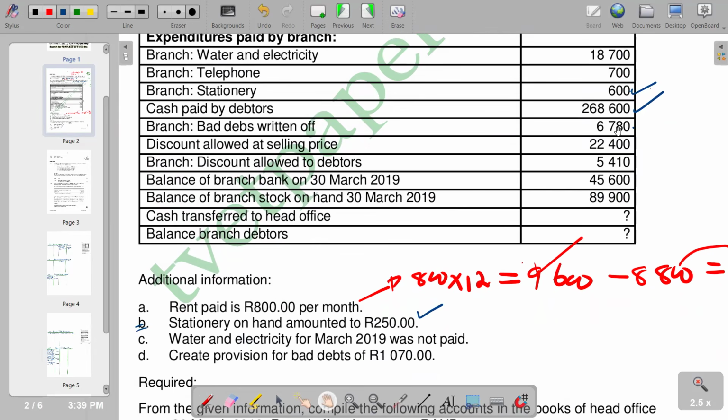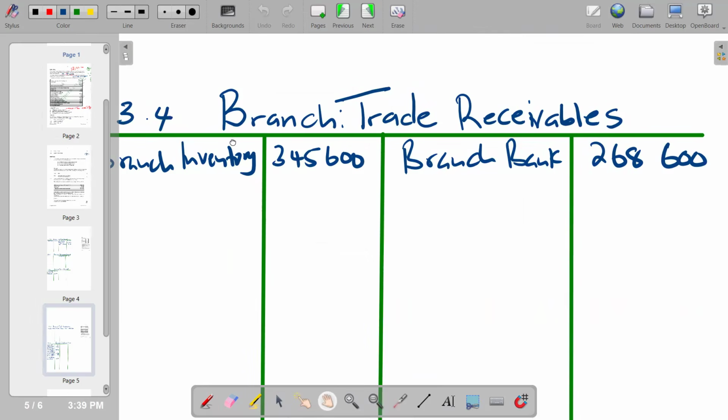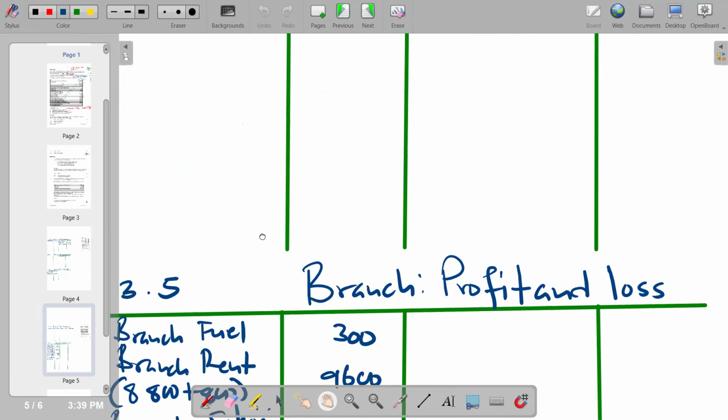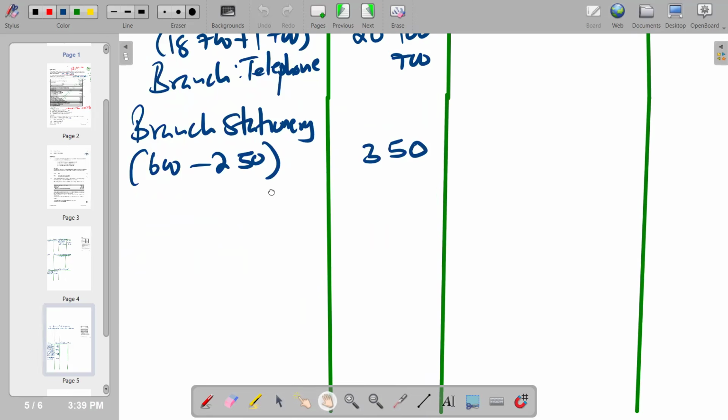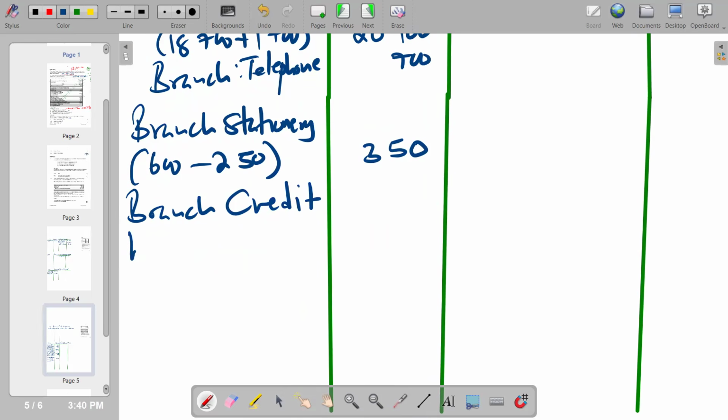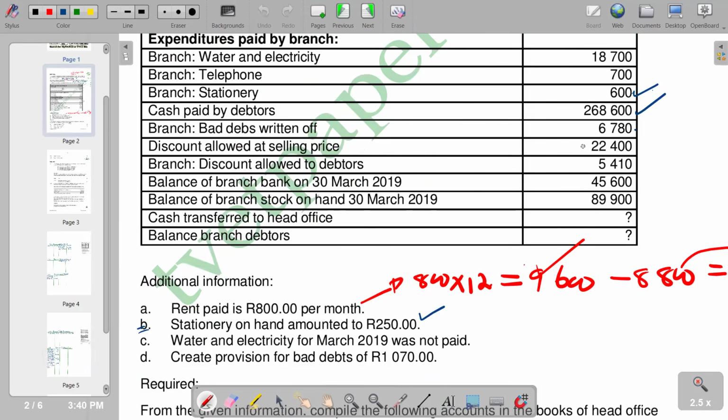So we take the figure as it is, which is now branch credit losses. So if you come here, we also have branch credit losses, and the amount is 6,780.